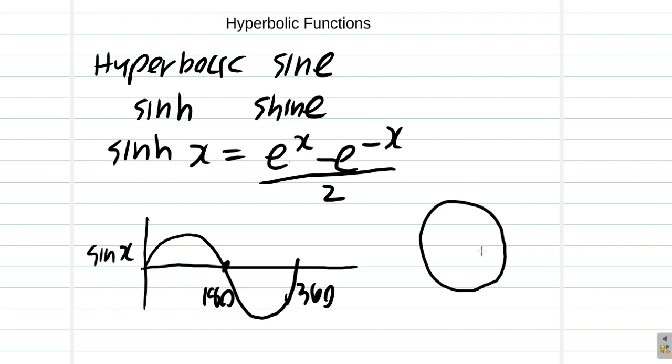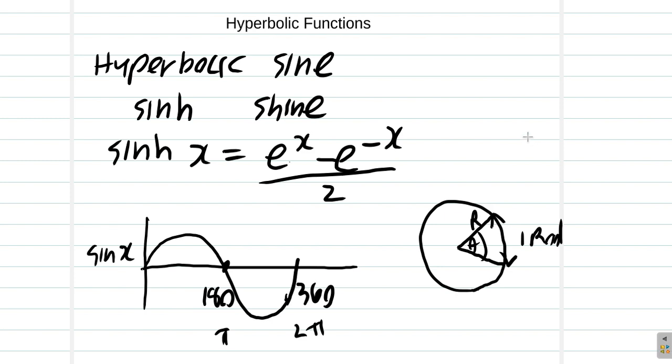Now, this 360 degrees would be 2 pi radians, and this 180 degrees would be pi radians. Remember, 1 radian is the angle theta formed when the length of the arc along the circumference is equal to the radius. Now, if you want to cover 1 full circumference, how many radii would you have to cover?